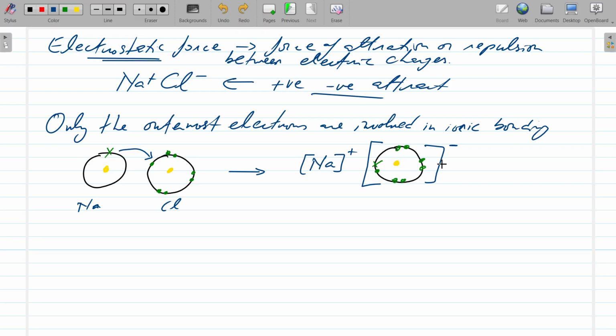Now, the question is, I drew the outermost shell for chlorine, but not for sodium. I just wrote Na plus. Why? Maybe because the whole element is being involved in this compound.